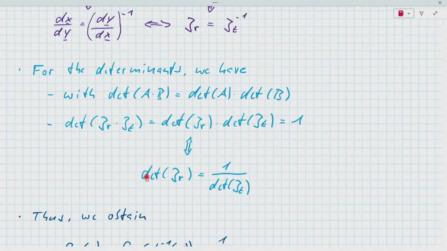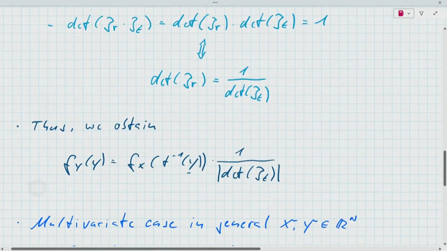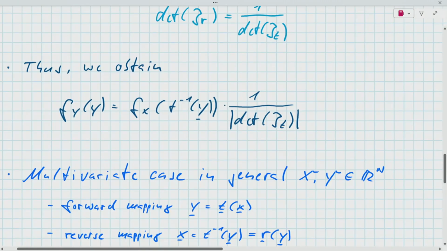And then we know that the determinant of Jr is also 1 over the determinant of Jt, which is important, because then we can directly derive the dual which is given here. That would be the dual formulation.